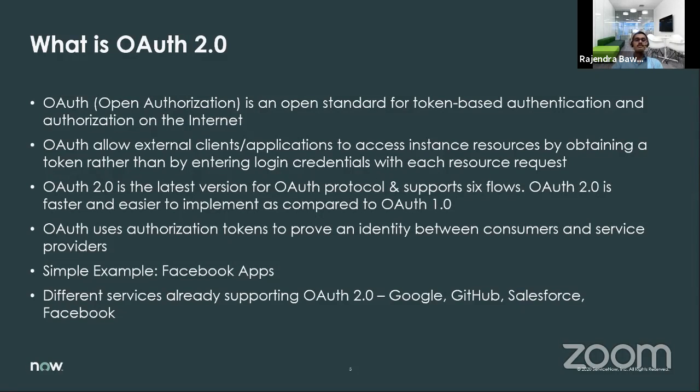You as the user are willing to share the information with the third-party application. So in this case, Facebook is the provider and the application is the consumer, and you need not share the credentials with the application. Facebook handles the OAuth in the backend, and it will take care of the rest. Different services which already support OAuth are Google, GitHub, Salesforce, and Facebook.